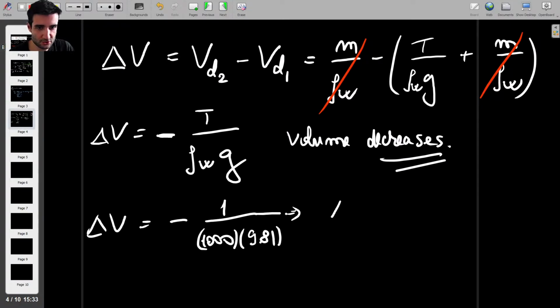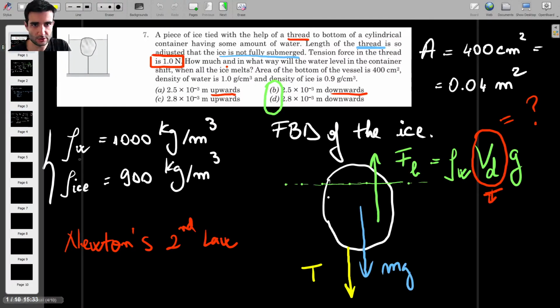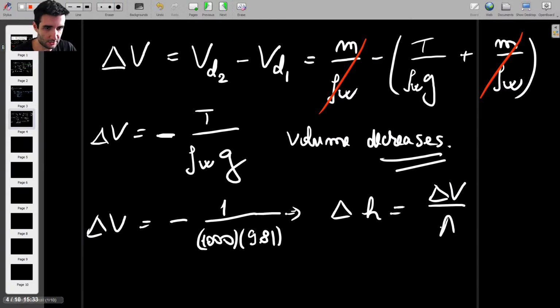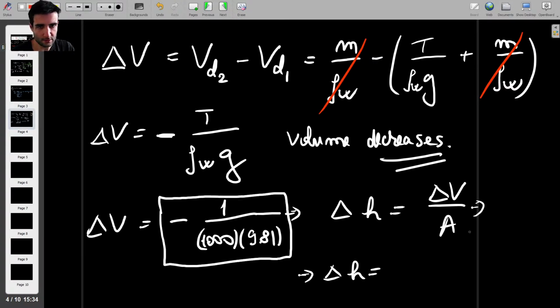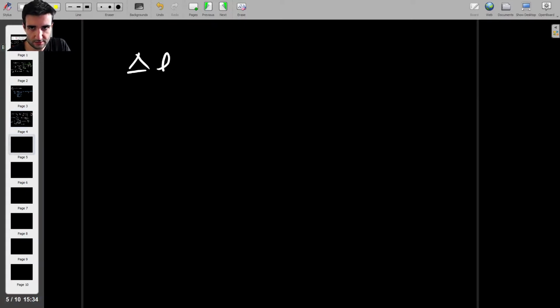So from here, because it's a cylindrical vessel, the change in height is the change in volume divided by the area. So the change in height is this over that area. Let's write it here actually.